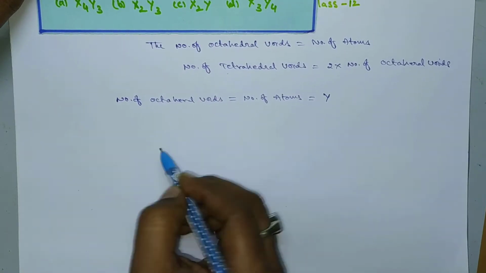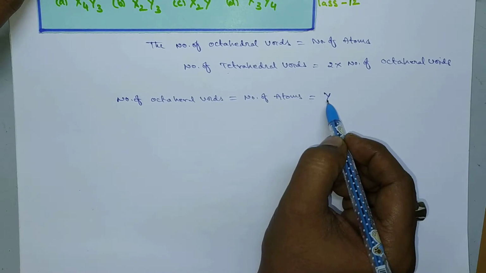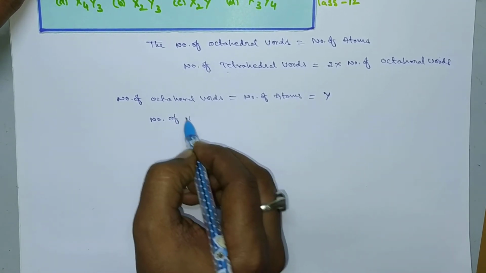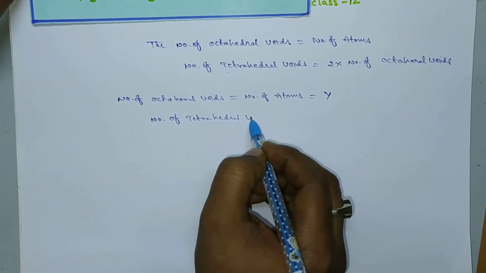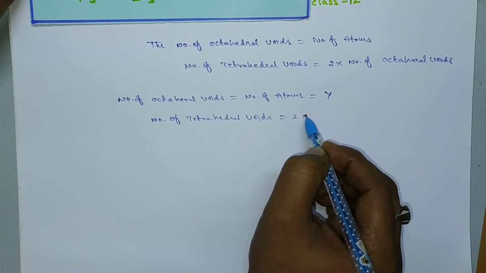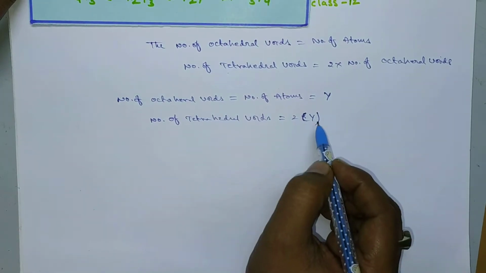That is equal to Y. So the number of octahedral voids is equal to Y, and the number of tetrahedral voids is equal to 2 into Y.